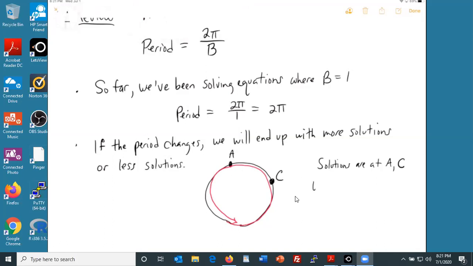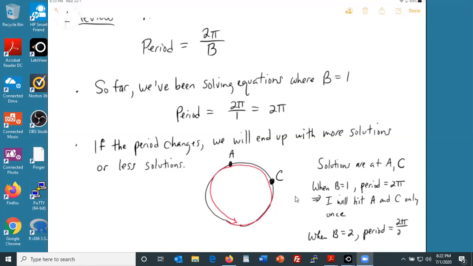So when B equals 1, the period is 2 pi, which means I will hit A and C only once because I go around the circle only once. Well, what if B is 2? Then the period becomes 2 pi over 2, which is pi.